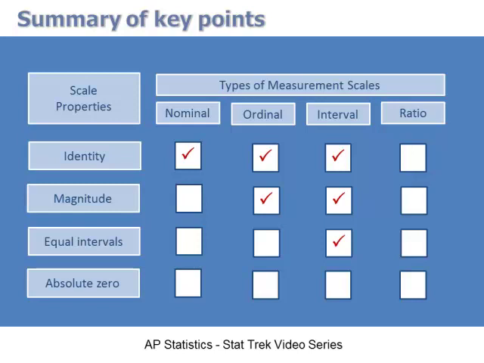And finally, ratio scales are just like interval scales, except that the lowest value on a ratio scale is always 0. To use analytical techniques correctly in statistics, you need to understand which measurement scales were used to assign values to variables that you work with.